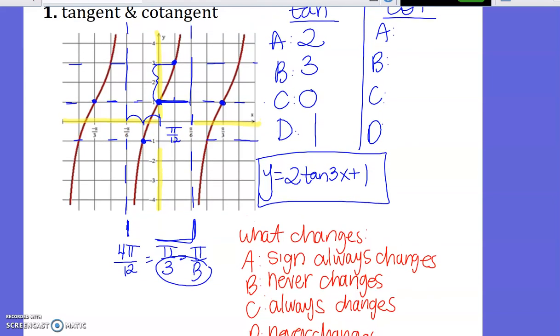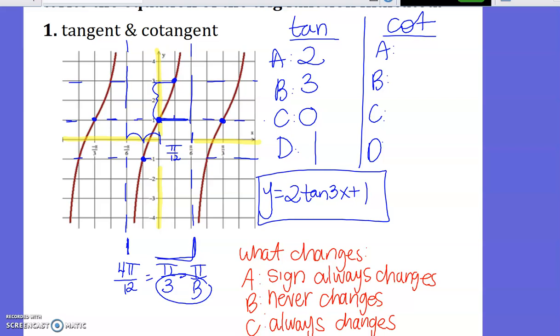Okay, scrolling back up here. We said the sign is going to change, so that becomes -2 because the parent function for cotangent has a negative slope. The b never changes, so I know that is 3. The c is going to change, so that's what I need to find, and the d never changes, so I know my d is 1. This is not going to be too bad.